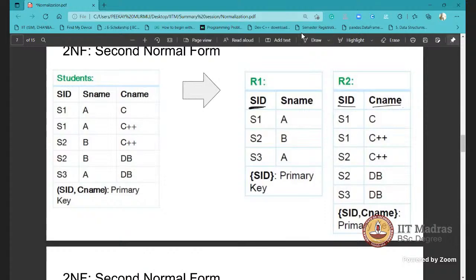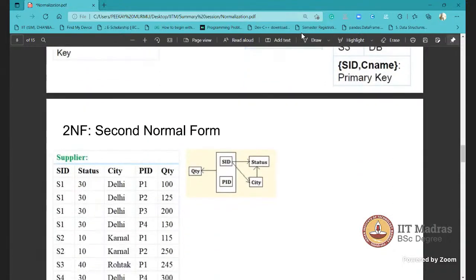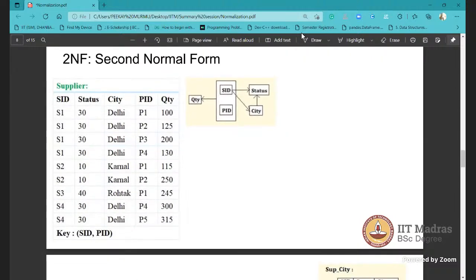So now we can check this as a functional dependency diagram, and what functional dependencies are possible?